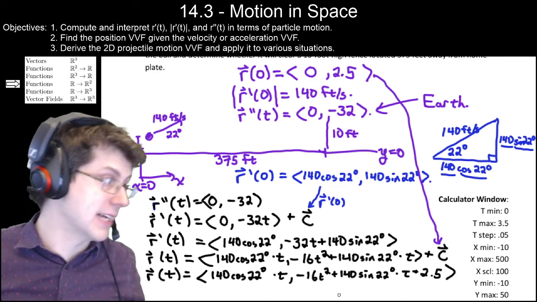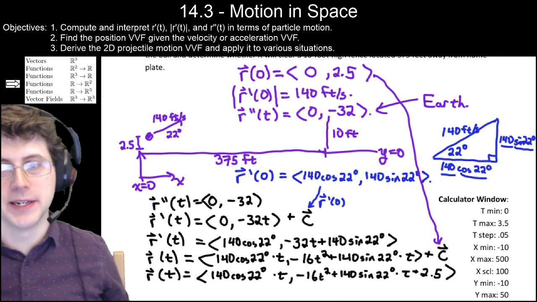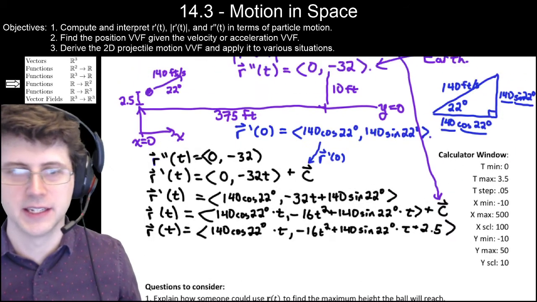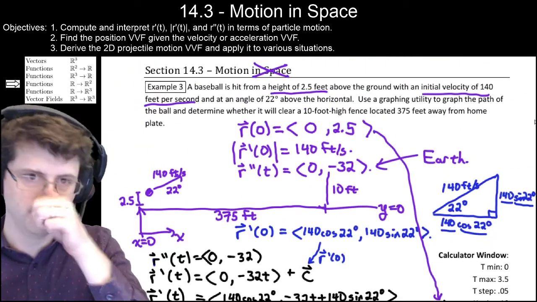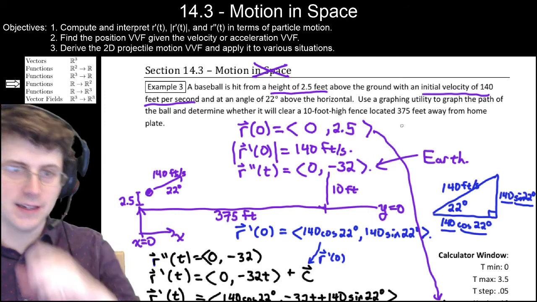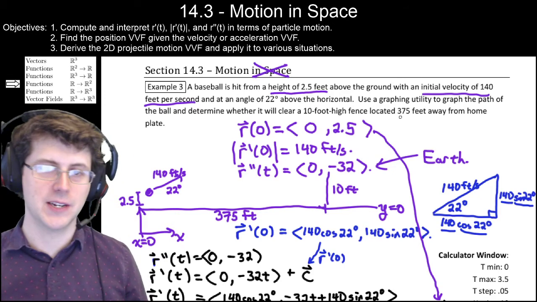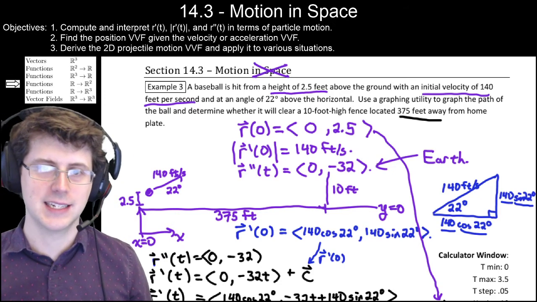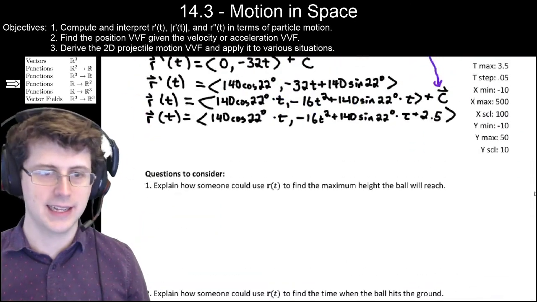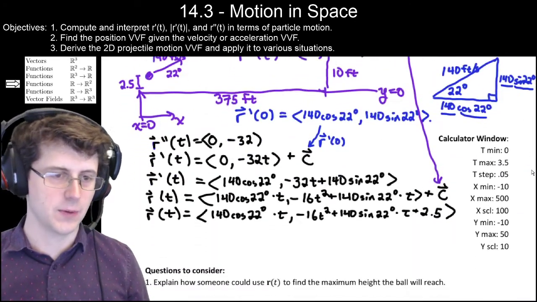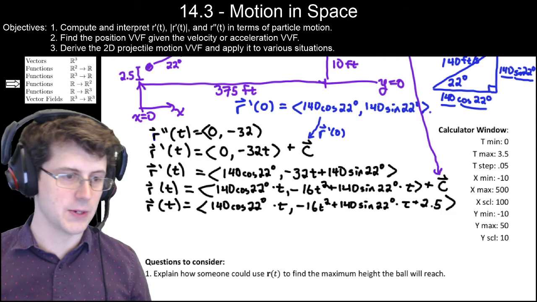Now, what did the question ask? The question asked if this is a home run. So the question asked if this gets past a 10-foot high fence that's 375 feet away, and it says get a graph to do this. And I like this way of thinking. So let's get this into Desmos.